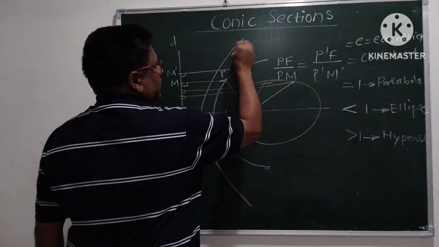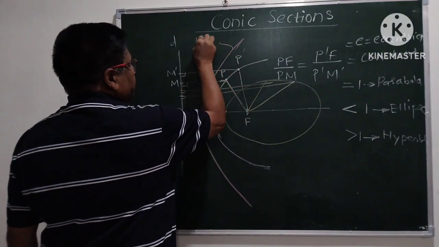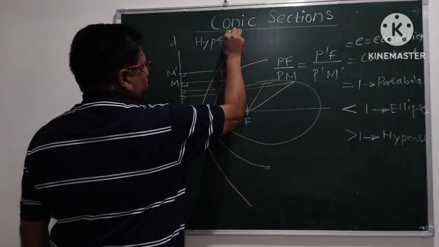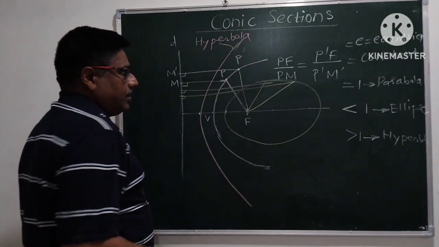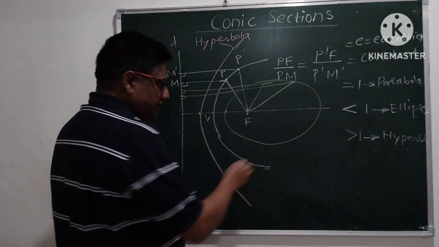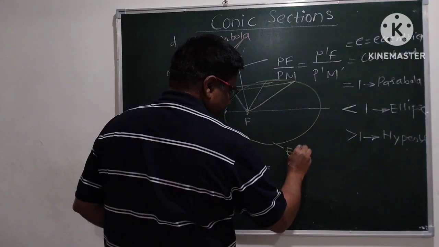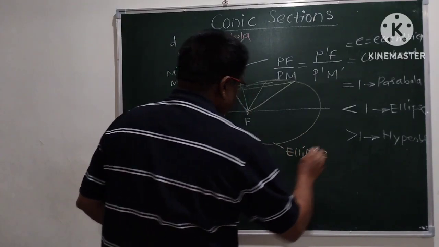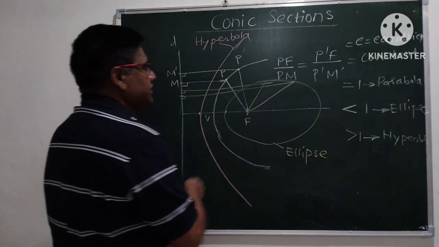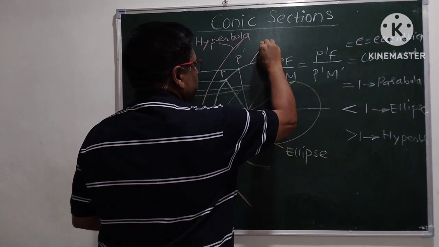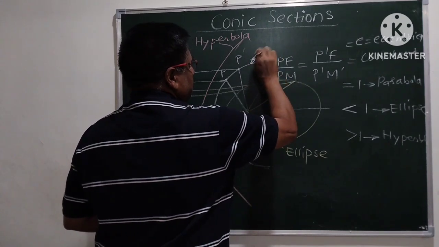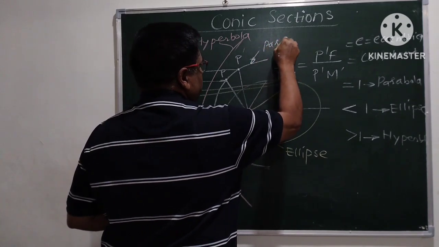This is the hyperbola. This one is the ellipse, and this one is the parabola.